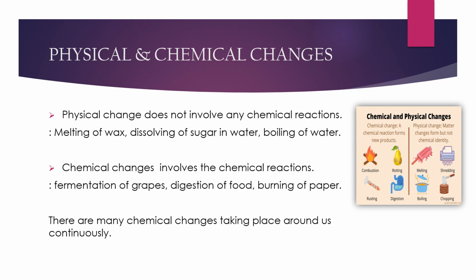In the digestion of food, there are lots of processes taking place to simplify the food. In this picture, we can also see examples of chemical change such as rusting, digestion, rotting, combustion, and in physical changes, melting, shredding, boiling, and chopping.